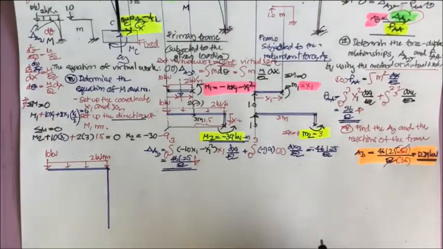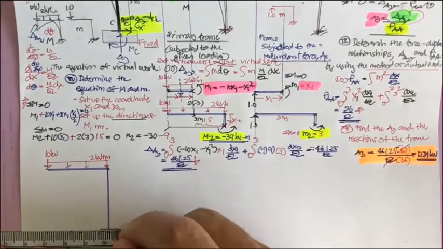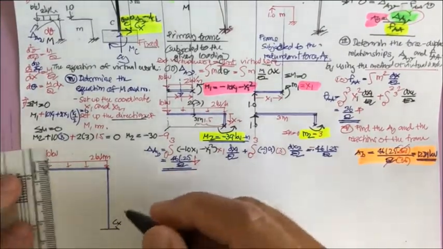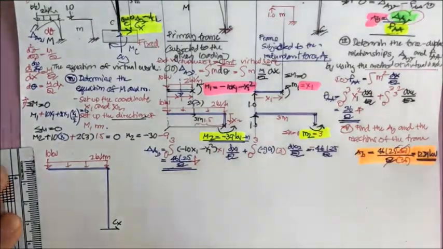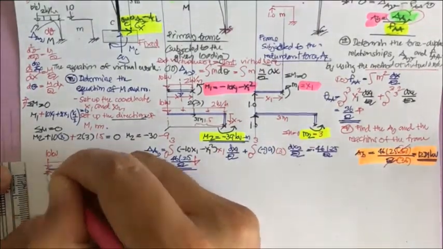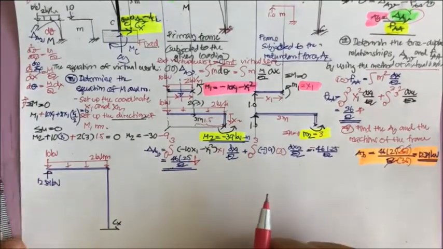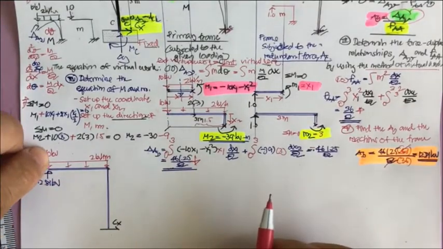Let's say this one is going to be C sub X, and under the force here, I forgot, this is going to be 12.81 kilonewton. So this one is up, down.